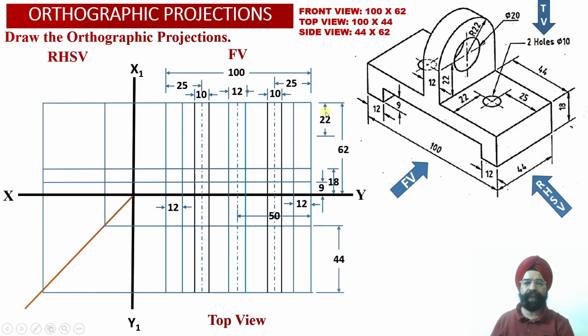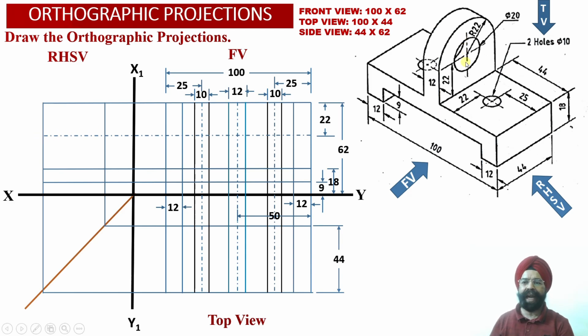Having measured a distance of 22 millimeter from the top surface, a horizontal center line corresponding to the center of this hole has been obtained in the front view projections, and we have extended this horizontal center line into the right hand side view projections over here.